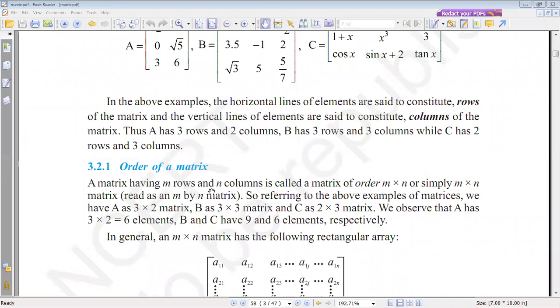A matrix having m rows and n columns is called a matrix of order m by n. It is read as m by n. If the matrix has 5 rows and 3 columns, then its order is 5 by 3. Clear?